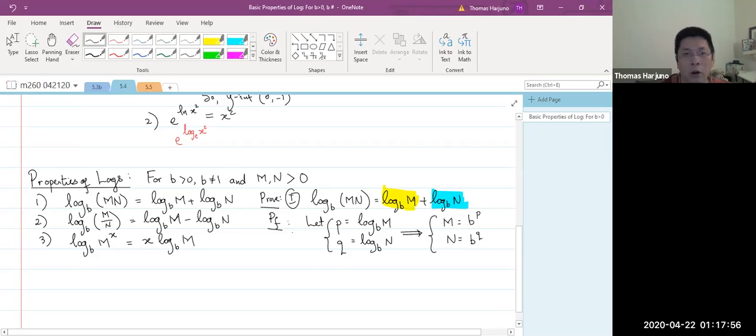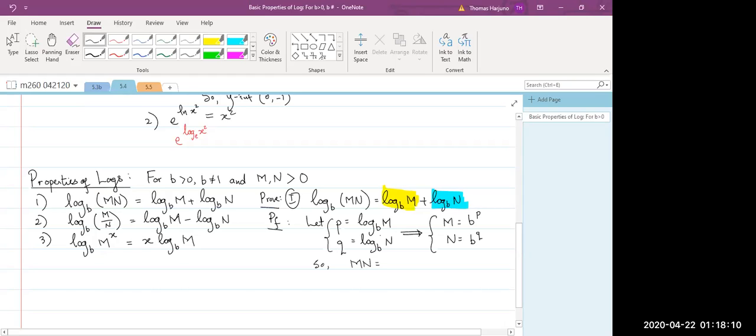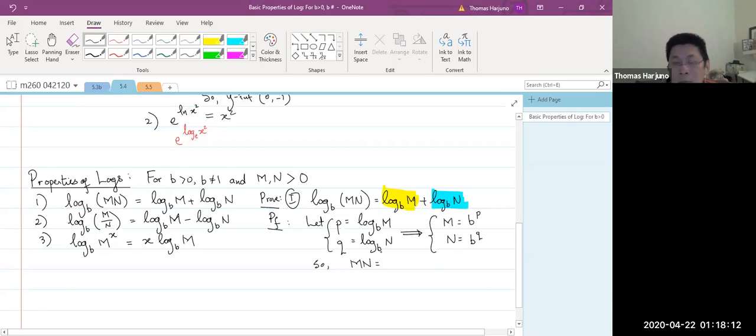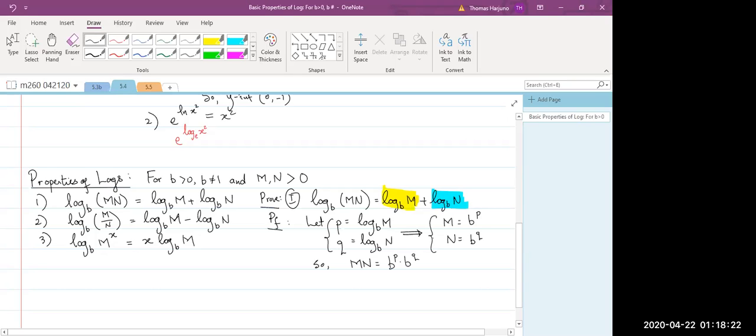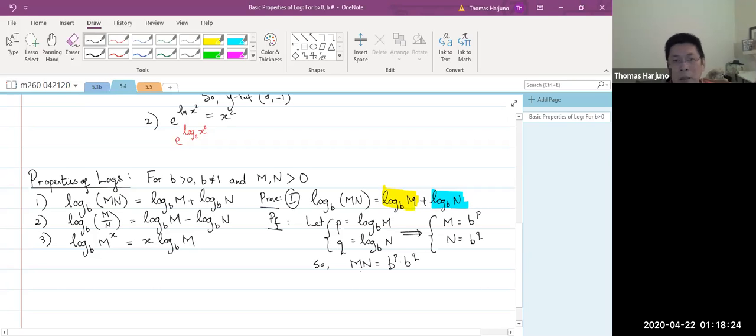Now I go on. So what will m times n be? It's b to the P times b to the Q. Is it right? Yeah. Which is equal to, if I multiply with a common base, then we add the exponents.